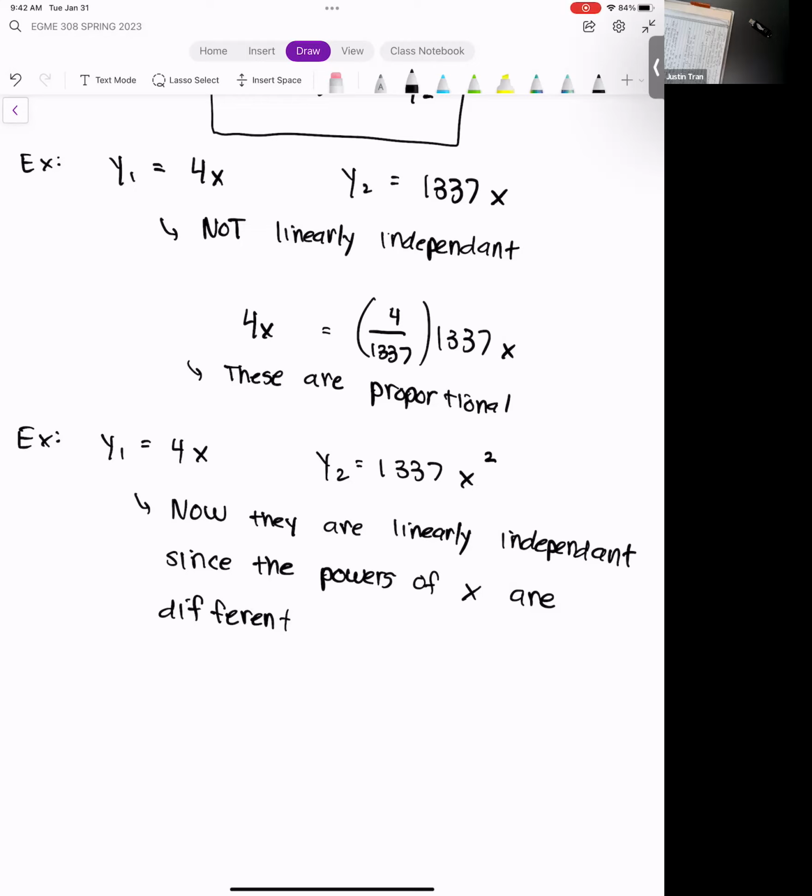And there's some other examples that you'll see quite a lot in our class. If you have two exponential functions with two different powers of the exponent, then those are also linearly independent.